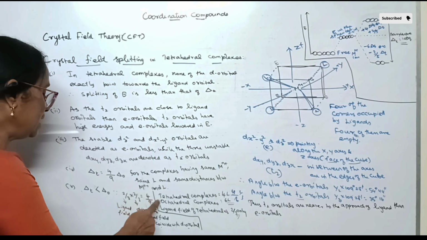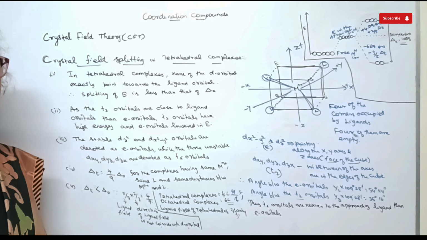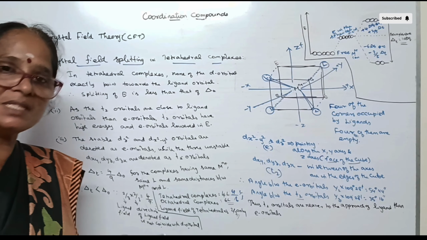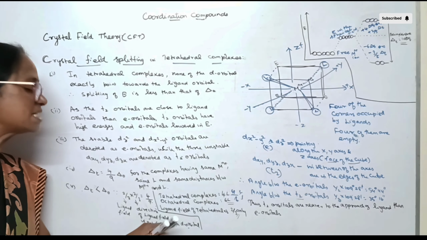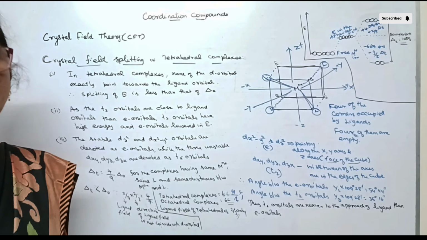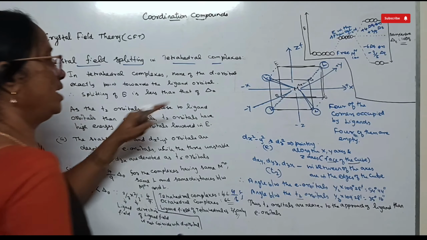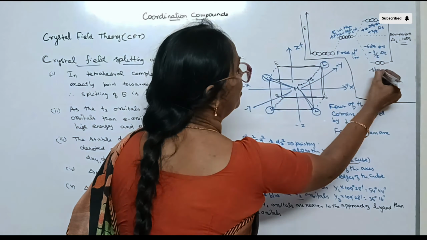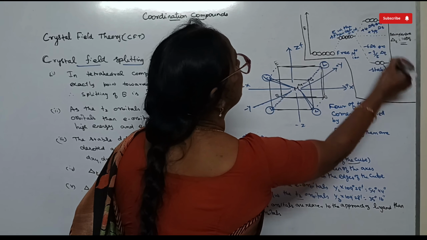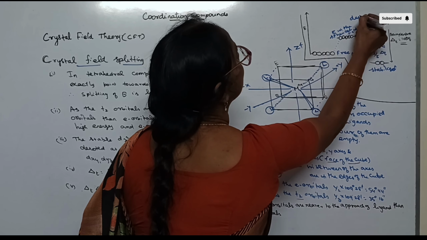So the decrease in energy of tetrahedral complexes depends upon the ligand field of the complexes and the direction of the ligand field towards the d orbital. In the tetrahedral complexes, the E orbitals are stabilized and the T2 orbitals are destabilized.